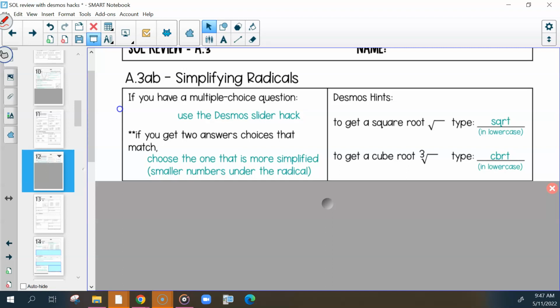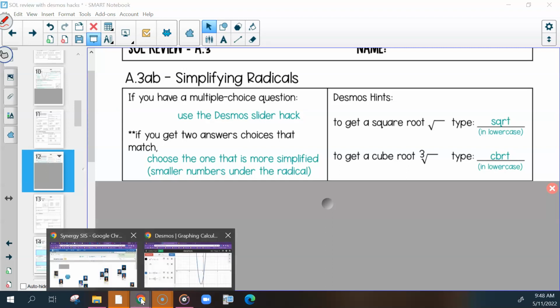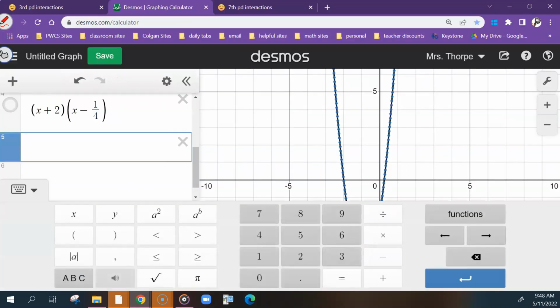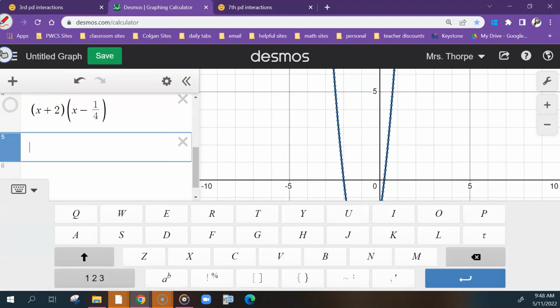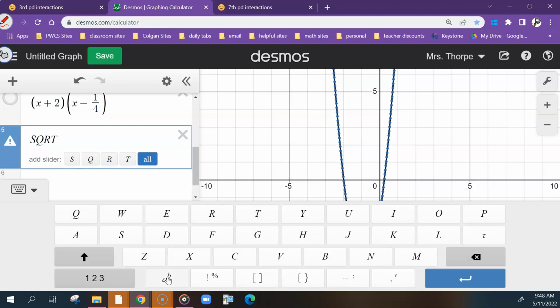You type it in uppercase, I don't know what will happen, but we can try it if you want. Anyone still writing this down? I'll type it in just to see what happens. It thinks you want to put in numbers or something for sliders. So yeah, it has to be lowercase.